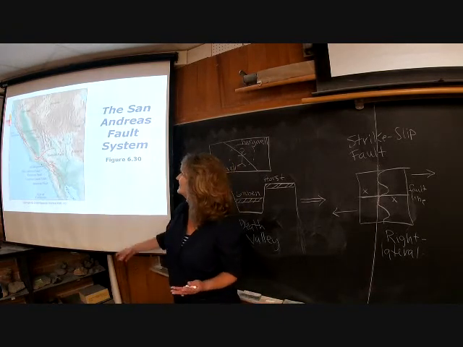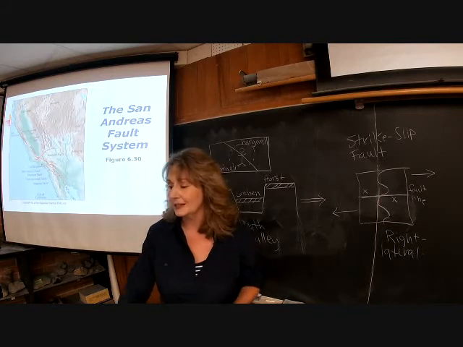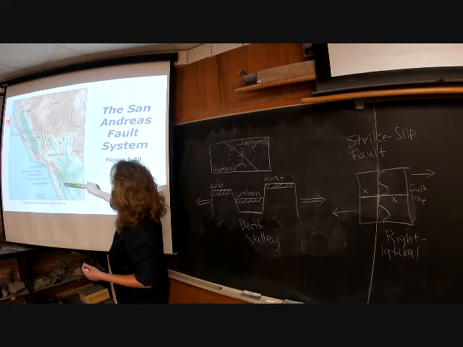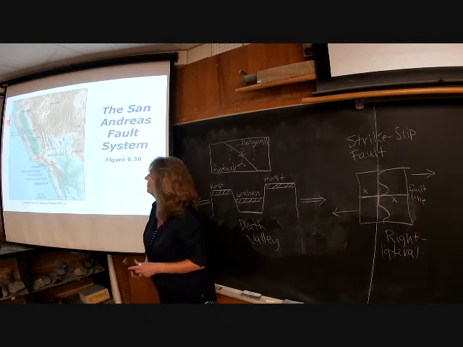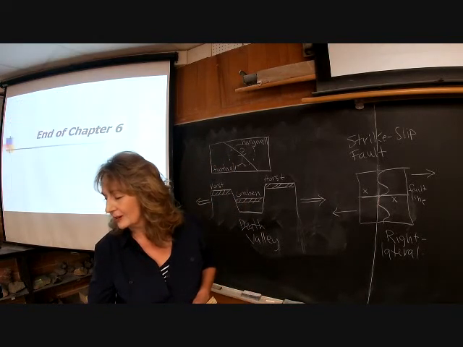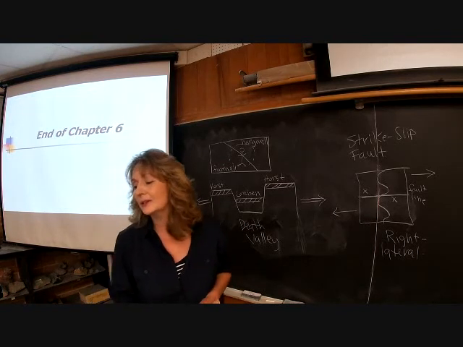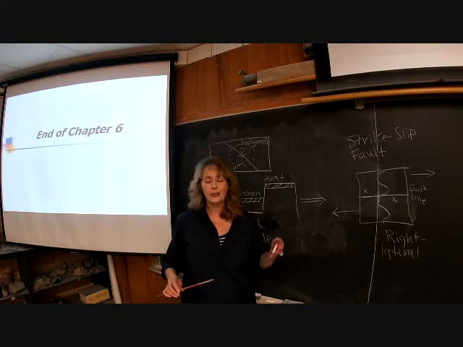There it is, the San Andreas fault system, and it's very long. You can see that goes quite a ways there. All up and along through there, and so that is a strike slip type of fault. Transform boundary.